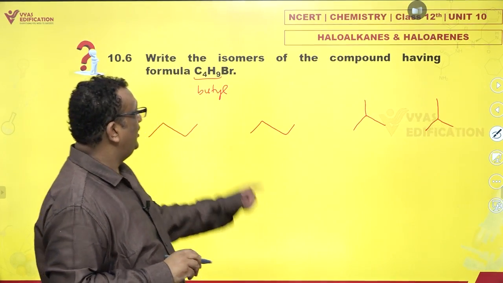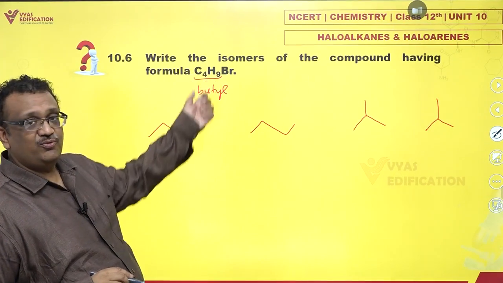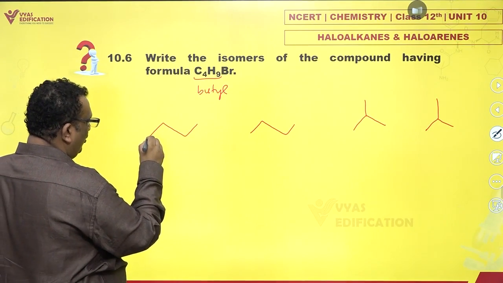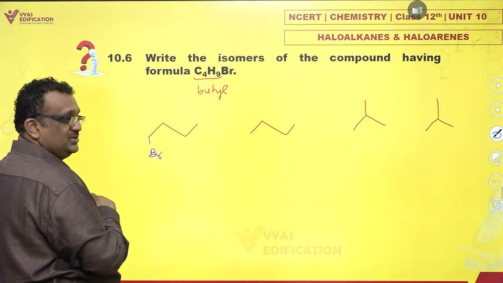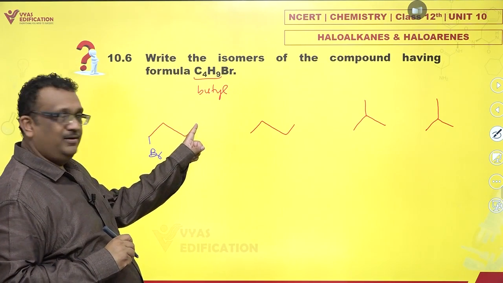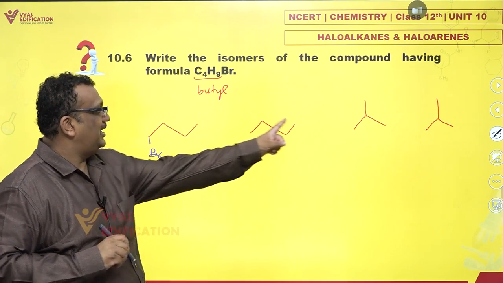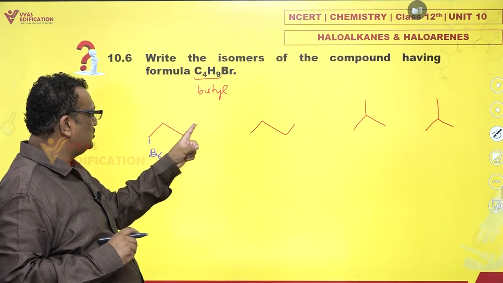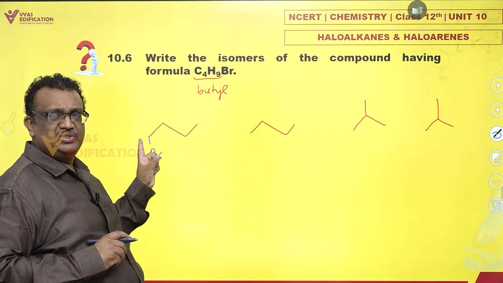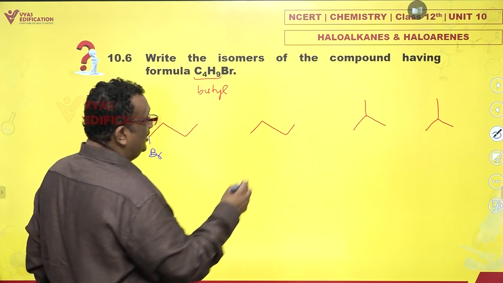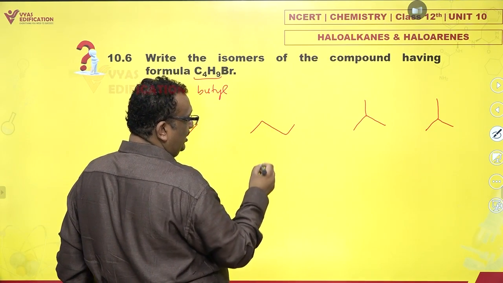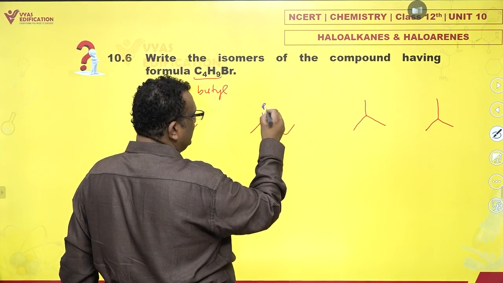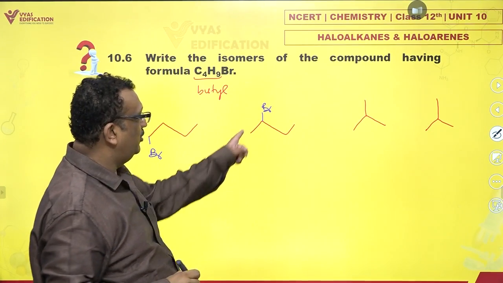If I remove one hydrogen and I attach one Br, I could have done it here. Even if I do it here, whether this side or that side, it would be one bromobutane. These two sides are identical, there is no difference. Similarly, these two sides are also identical. If I just attach a Br here, it is 2 bromobutane.